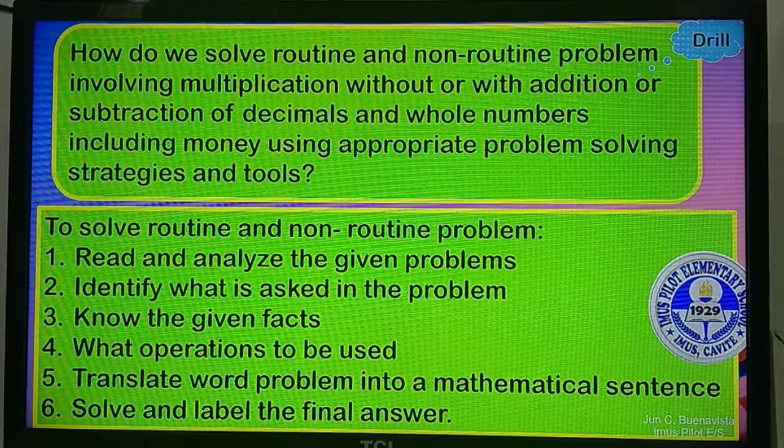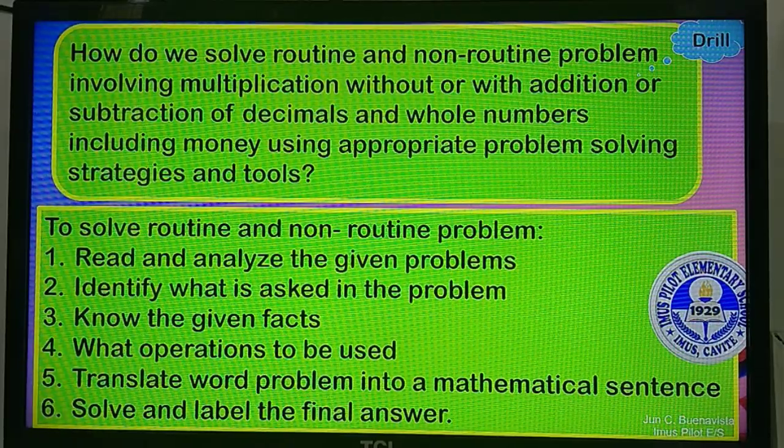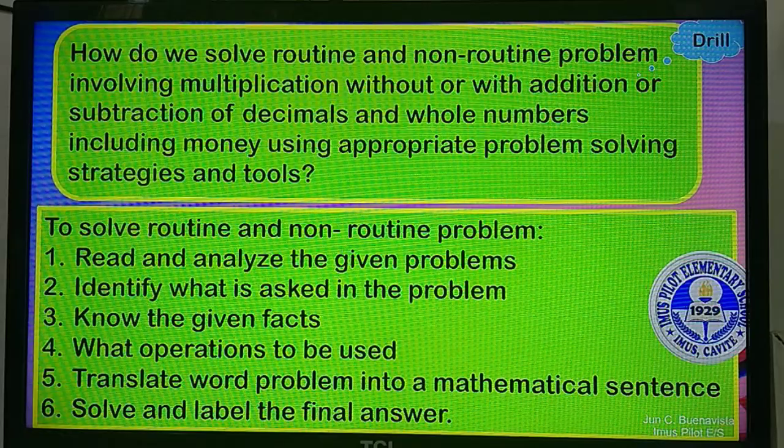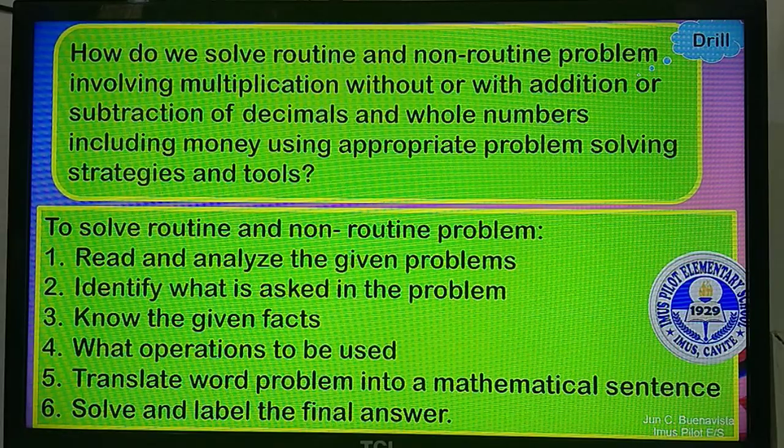So, maglagay na po tayo ng number sentence. After we know the given facts and the operations, you can now formulate your number sentence. After you formulate the number sentence, you are going to solve now and then label the final answer. So, that is how to solve routine and non-routine problems. Kahit ano man yung problem, it's either multiplication, division, addition, or subtraction.